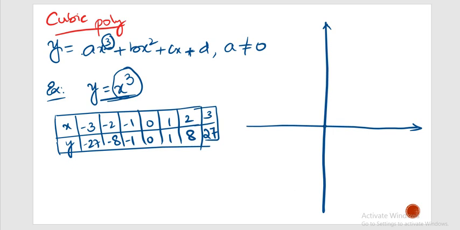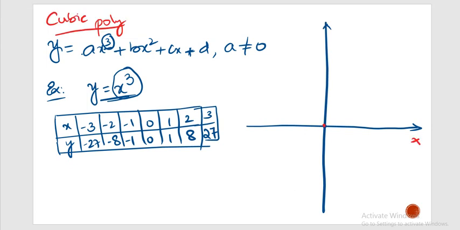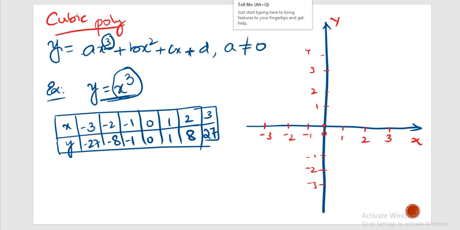First of all, we mark minus 3, minus 2, minus 1, 0, 1, 2, 3 on the x-axis, which are the values we have plotted. Likewise, we can plot those points.